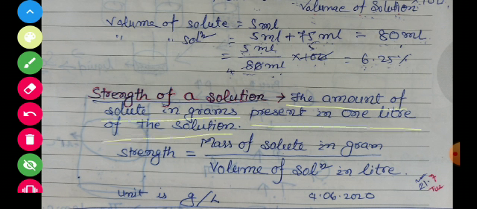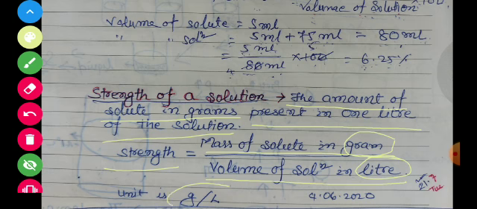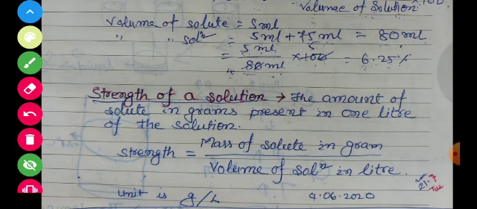And strength of a solution can also be found by using one formula: mass of solute in gram divided by volume of solution in liter. Using this we can find out the strength of a solution. As here mass of solute is in gram and the volume is in liter, its unit will be gram per liter. So in this way, students, we can find out the strength of a solution.